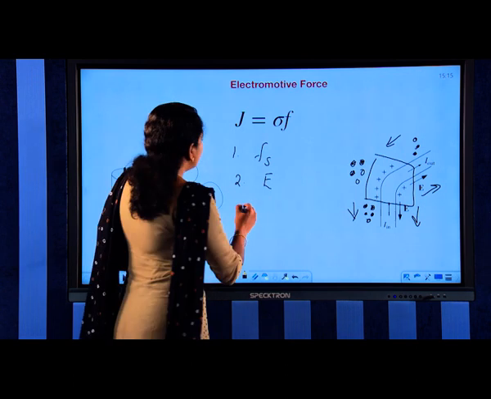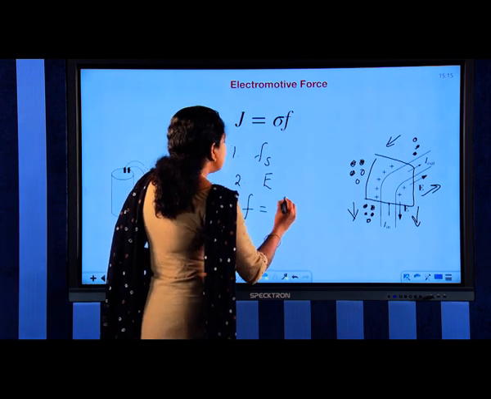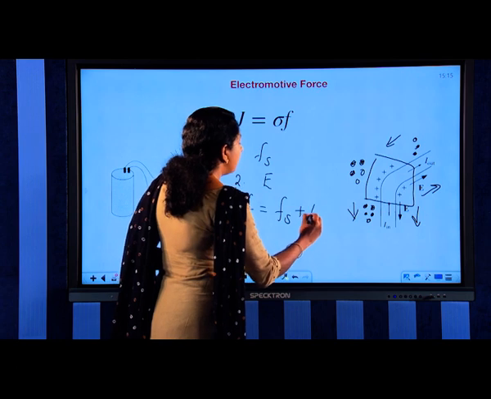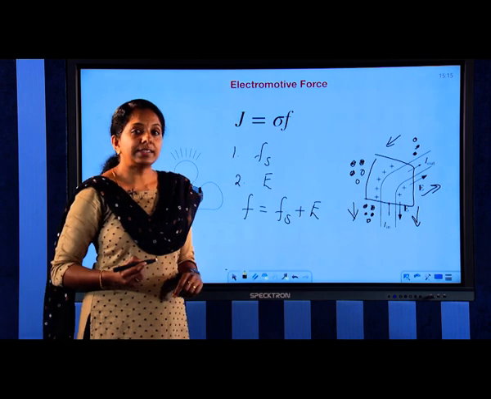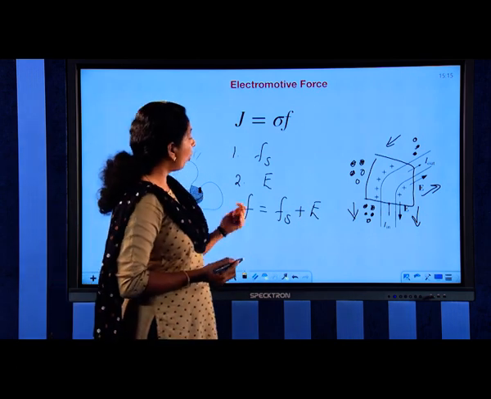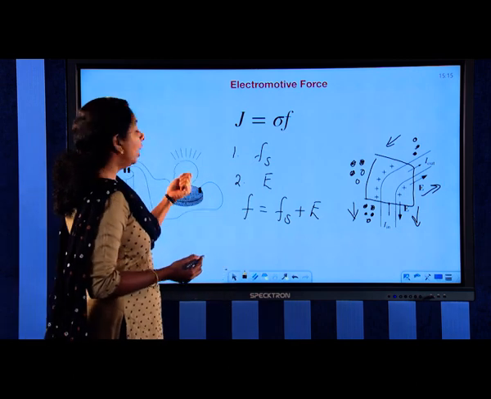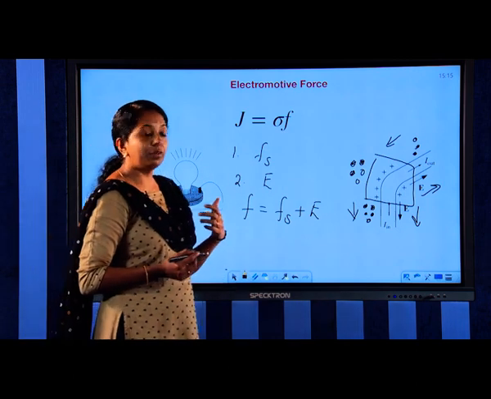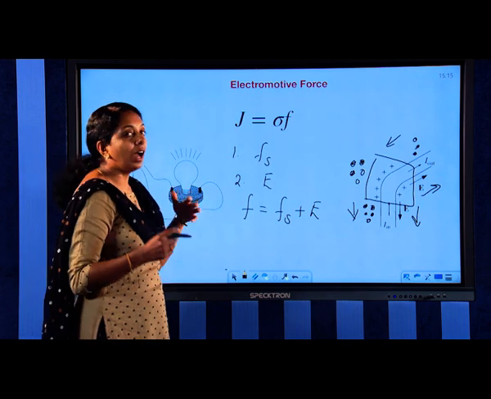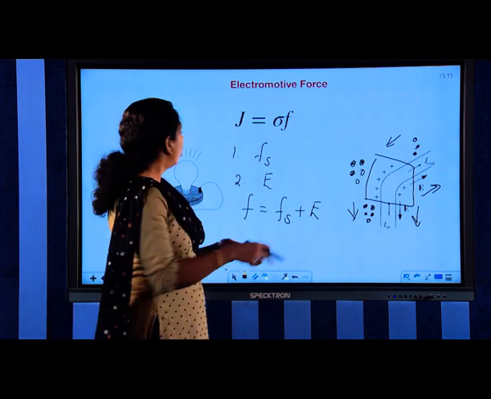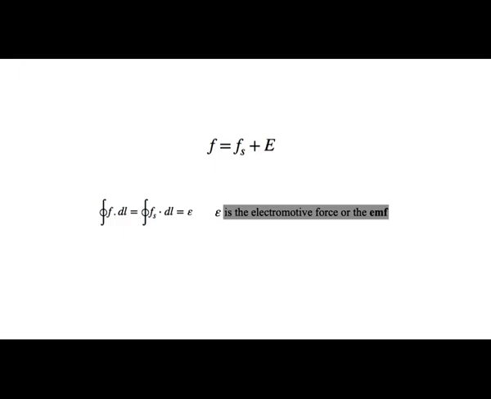So the total force acting in the circuit is Fs plus E. Now we can see what the net effect of this force on the loop is. In order to find the net effect of force on this loop, we have to integrate the force over that length. So we find the integral over closed loop F dot dl, which is equal to the integral over closed loop Fs dot dl plus the integral over closed loop E dot dl.